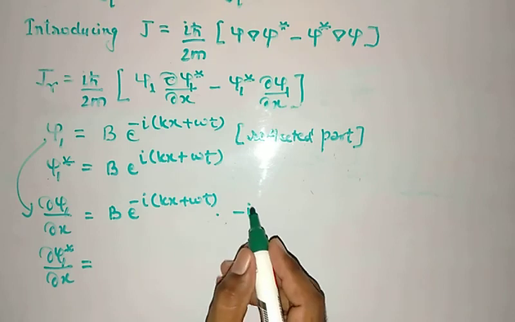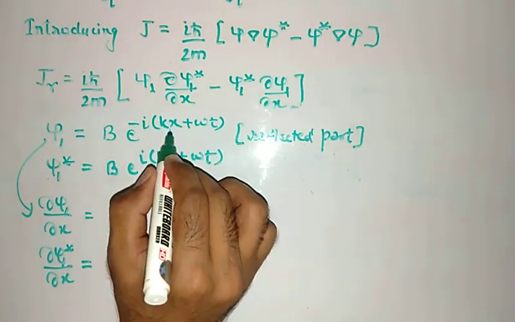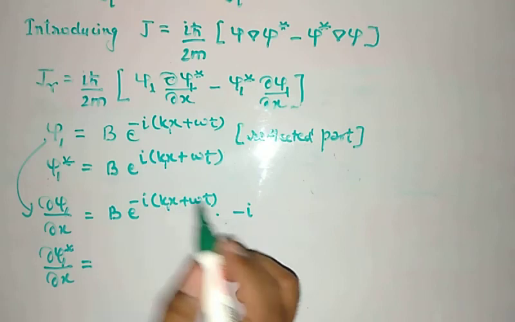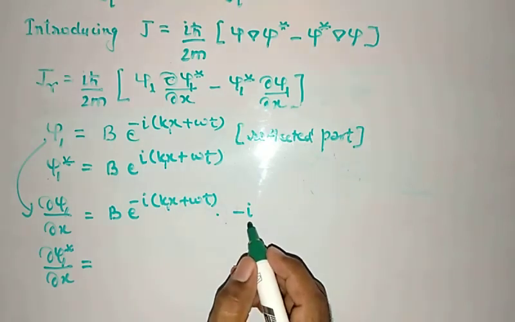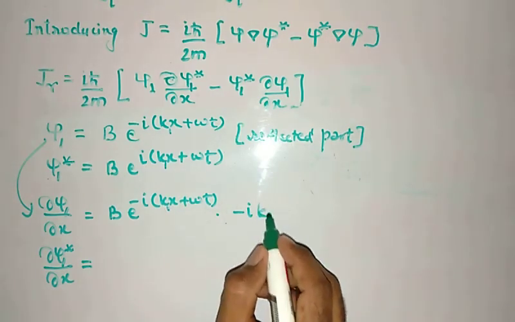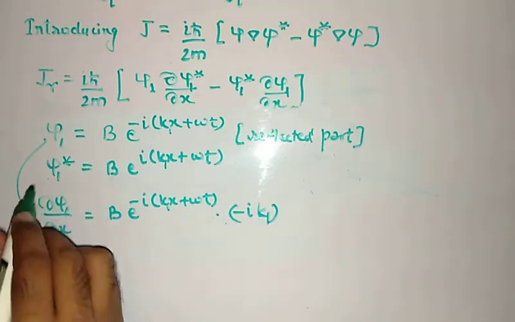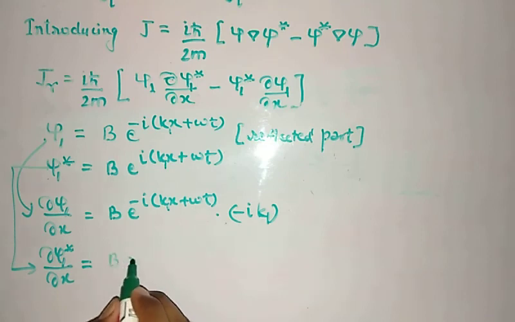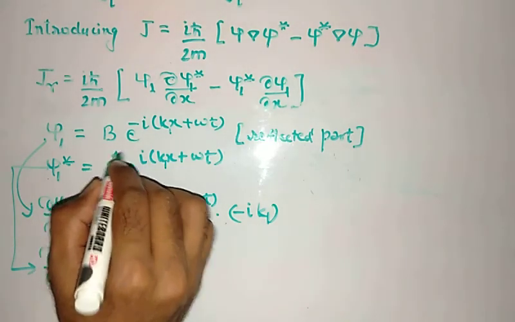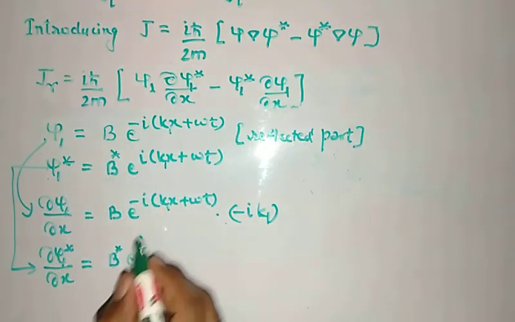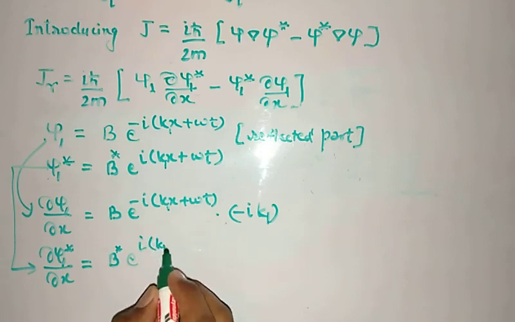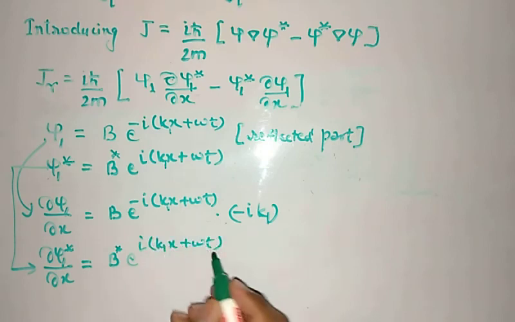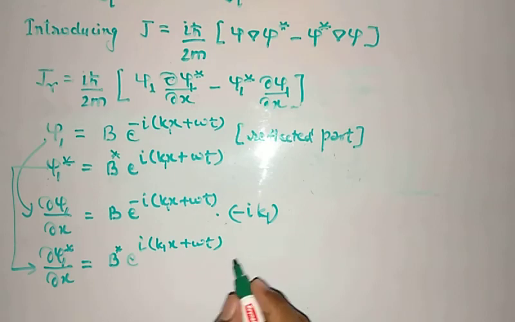And from here, for the star part, b with the exponent I k1x plus omega t, this will give I k1.